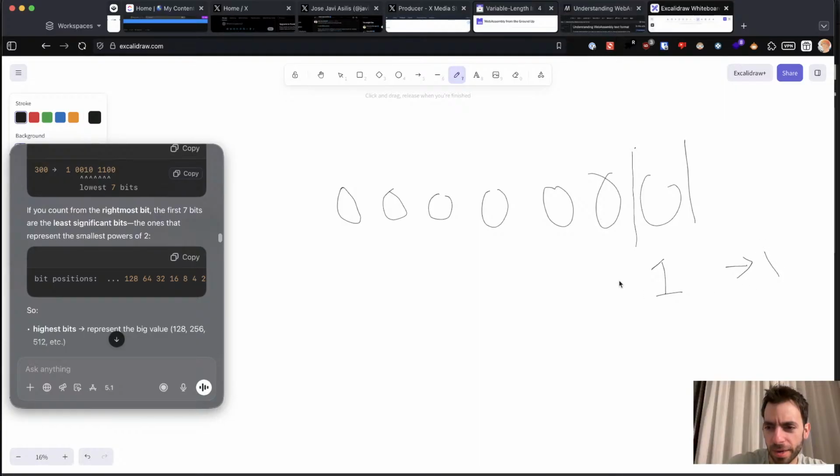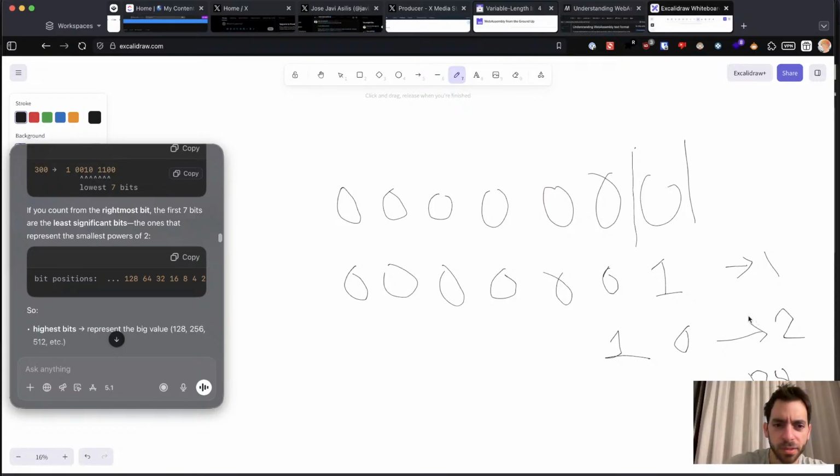Now if we go for the next combination, which would be 1 in here, 0 in here, and by the way, all of these are 0, 0, 0, 0, 0, 0. And 1 in here, this 1 becomes 2. So this means that it will have up to 128 values, right?